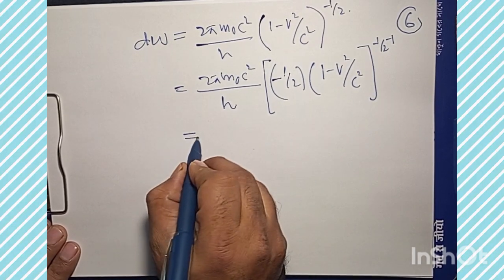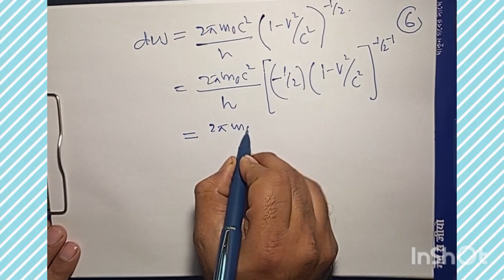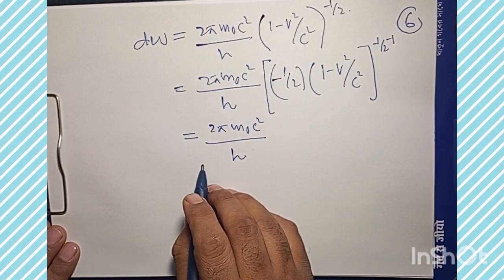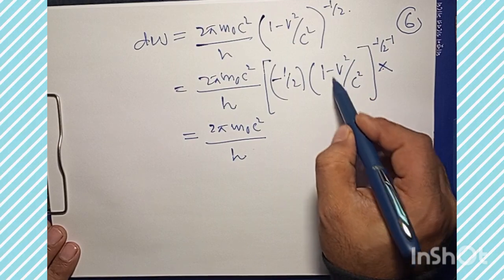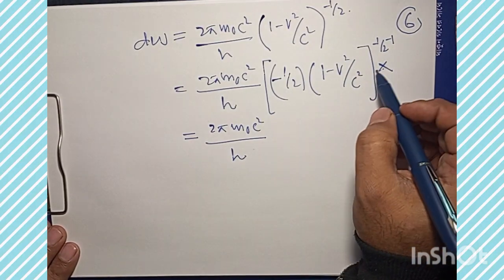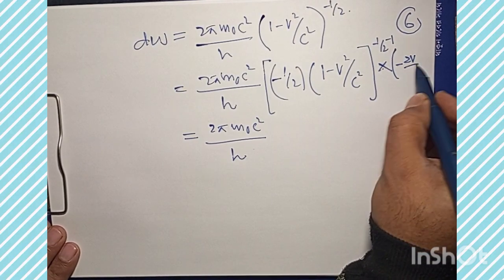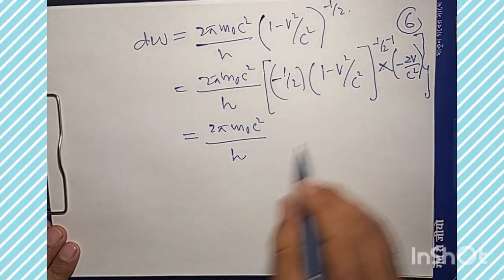So what am I going to get after this is 2 pi m naught c square by h, right? Here I have not written down the internal derivative of minus v square by c square, so that will be minus 2v by c square. That should be the finality of it.